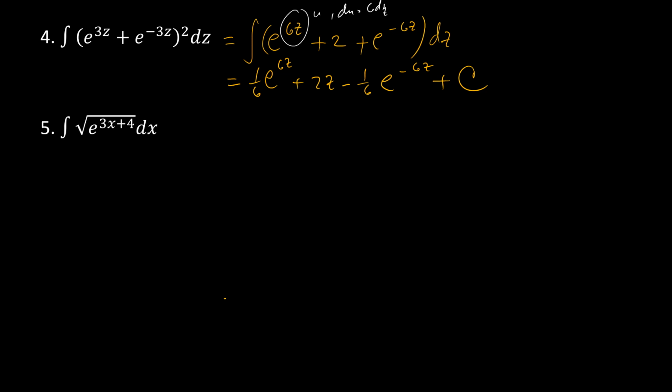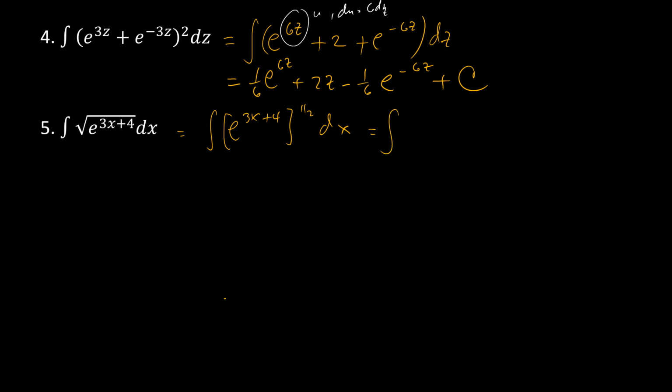Next, the integral of the square root of e raised to 3x plus 4 dx. Being a radical, we can rewrite our integrand as a power with a rational exponent, e to the 3x plus 4 raised to 1/2 dx.